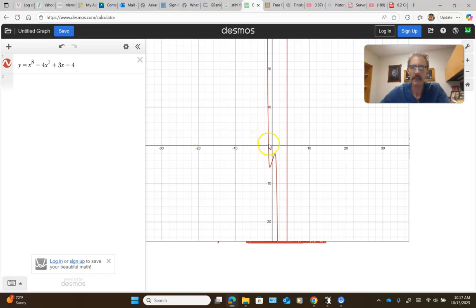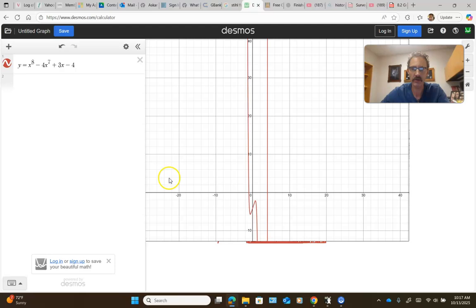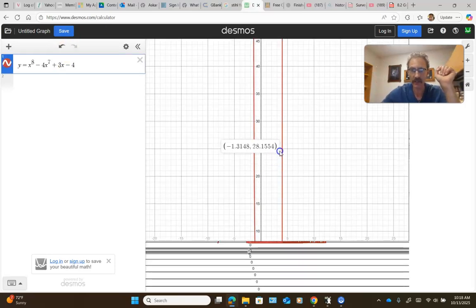But anyway, another indication here, guys, as to whether or not this might have other zeros that we just can't see further out on the x-axis is to look at the end behavior. Because the leading term is x to the 8th, that tells me, if you remember from 8.1, that both ends will be going up. And so that's what I see already, okay?